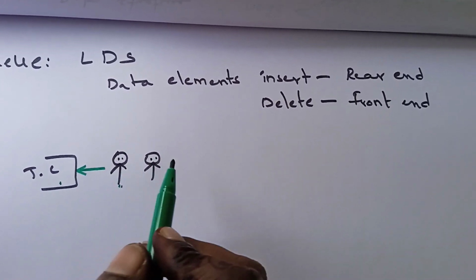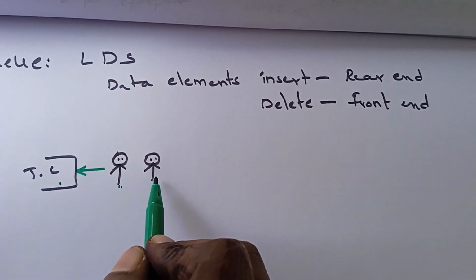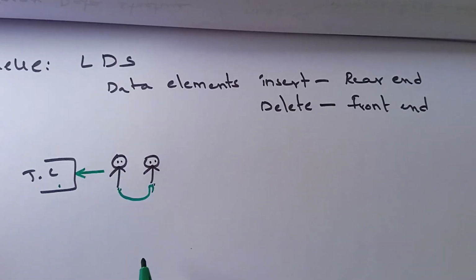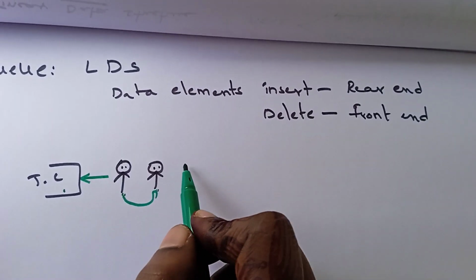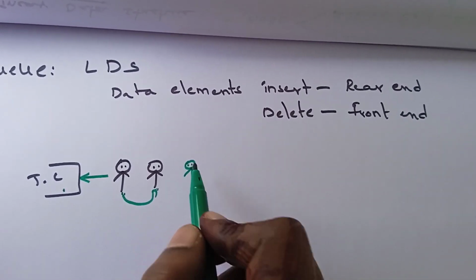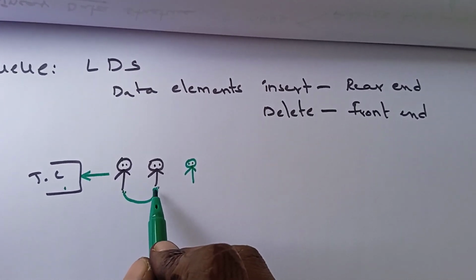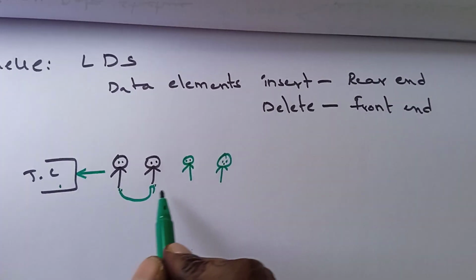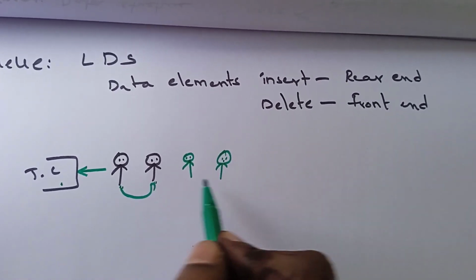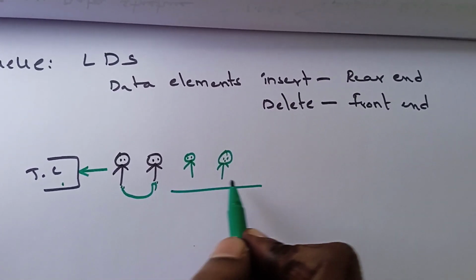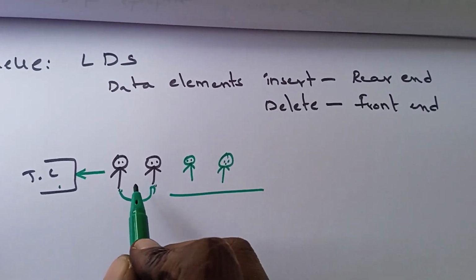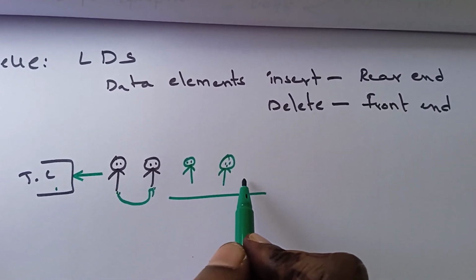If another person wants to take a ticket, he will form a queue after this person, right? If a third comes, he or she has to join after these people, and the next people also. So all the new people are standing after the first, after the second, after the third.